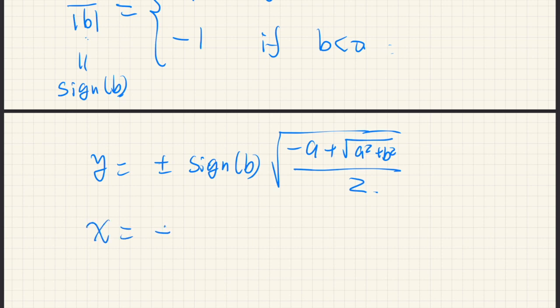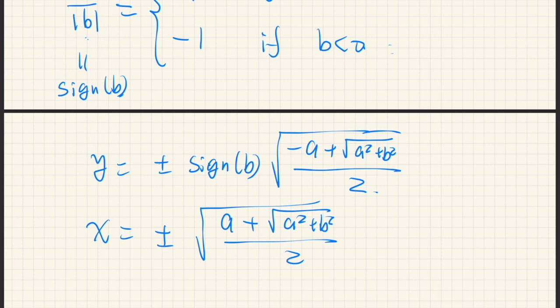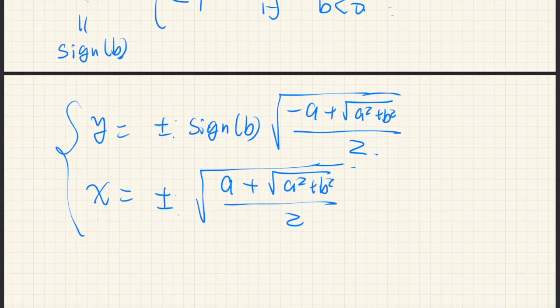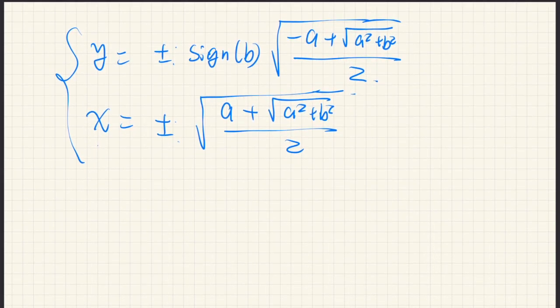By the way, x was plus minus the square root of this positive quantity. So when x is plus, y is plus, and when x is minus, y is minus. So there's a correspondence.